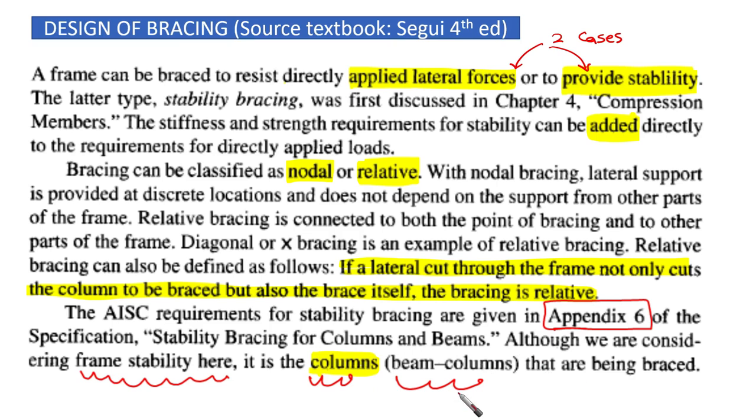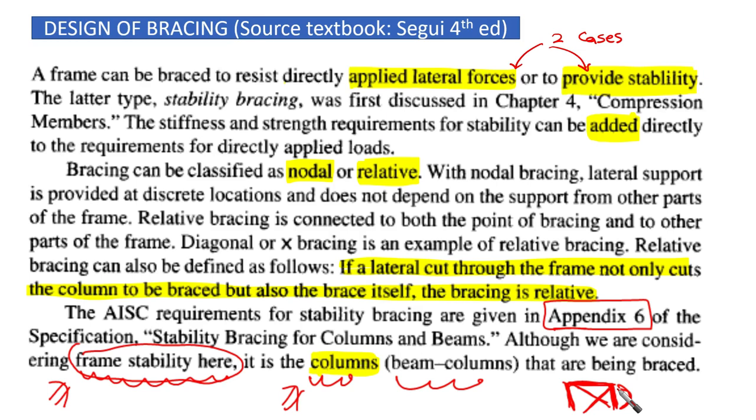In the textbook he's focusing on column, relative or panel type. That's why they are saying that we are talking about frame stability here. He wants to say that we have frames and we want stability for the frames. So we need to provide some stability bracing for the frame, which is for the column actually, or for the beam column if this element has moment and axial force.